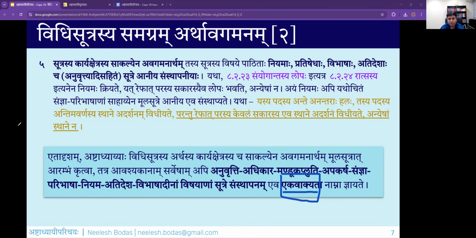So let me read this definition once again. अष्टाध्याय्याः विधिसूत्रस्य अर्थस्य कार्यक्षेत्रस्य च साकल्येन अवगमनार्थं मूलसूत्रात् आरम्भं कृत्वा तत्र आवश्यकानां सर्वेषाम् अपि अनुवृत्ति अधिकार मंडूकप्लुति अपकर्ष संज्ञा परिभाषा नियम अतिदेश विभाषादीनां विषयाणां सूत्रे संस्थापनम् एकवाक्यता नाम्ना ज्ञायते.